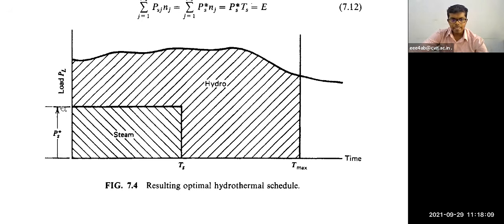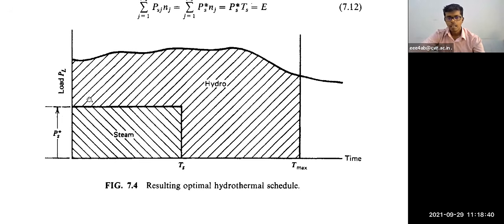Whatever power is being generated from the steam generating unit, shown in this shape, we take as PS star, the optimum value of the power generated from the steam power unit. From this figure you can easily understand how optimally we are utilizing the steam power plant rather than the hydro power plant.